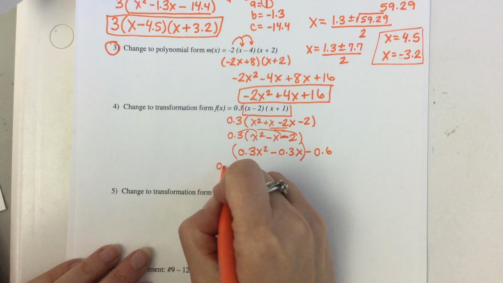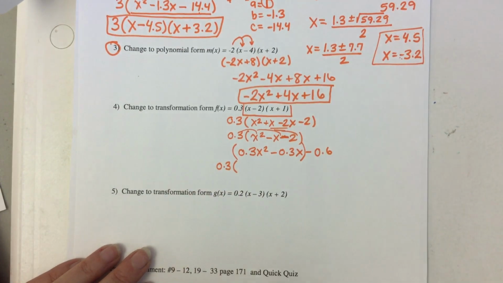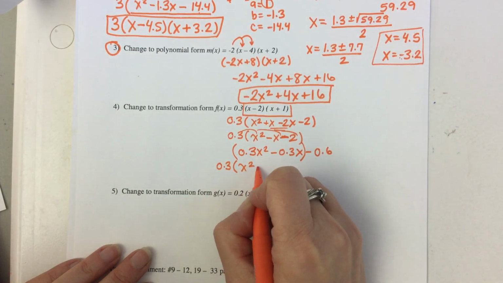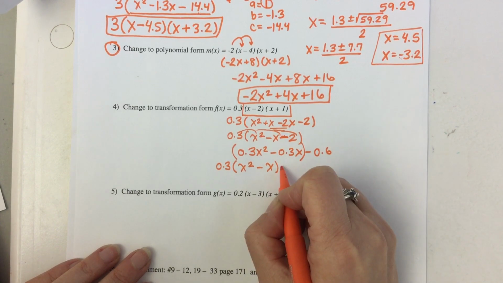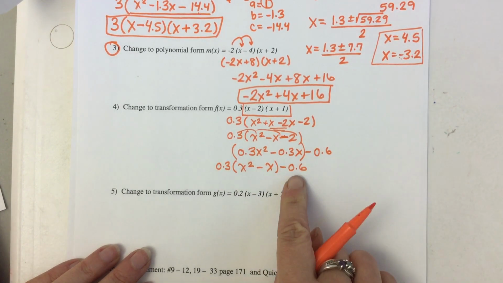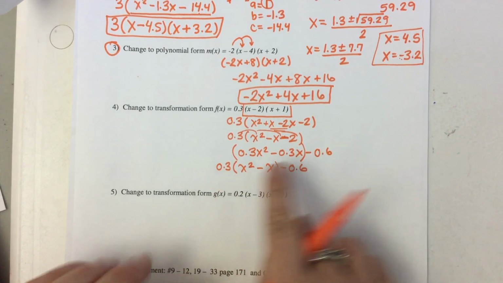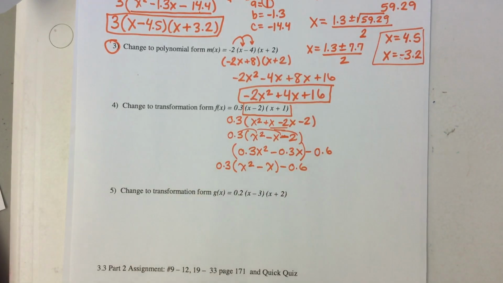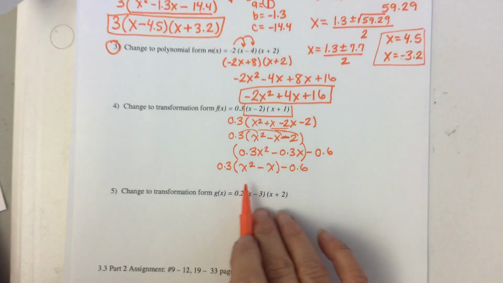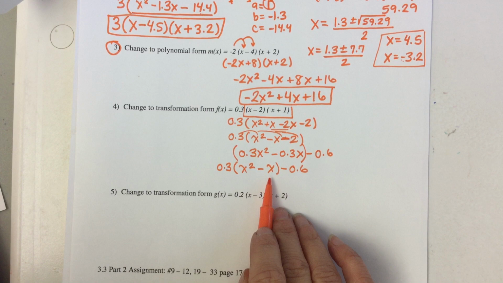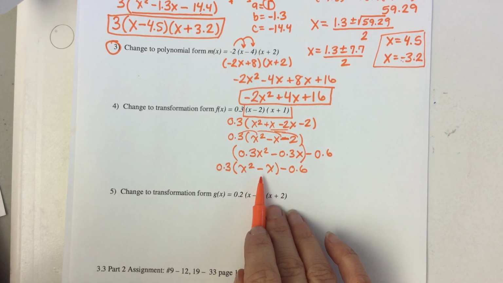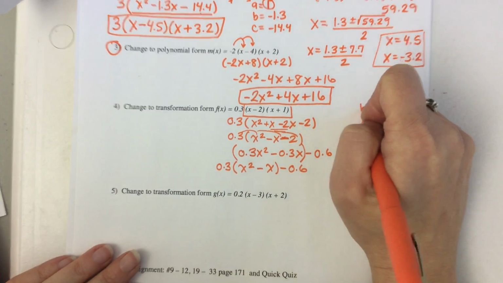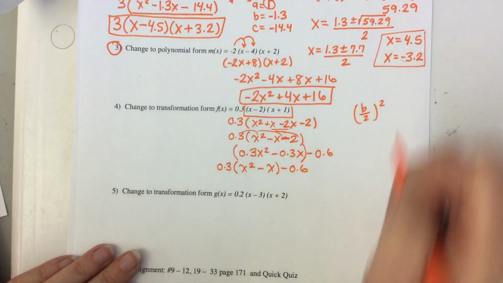So I would take that 0.3 back out. This gives me x squared minus x in parentheses, minus my 0.6. You only take the 0.3 out of the parentheses. Now I want to figure out what I can add in the parentheses so that I could factor this. The formula again is b divided by 2 and square it.